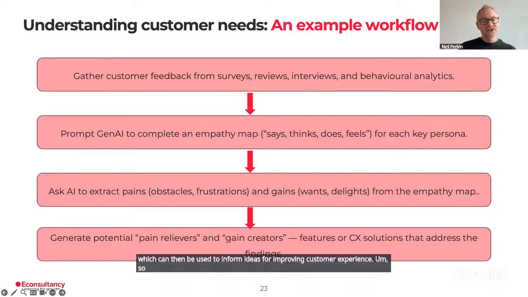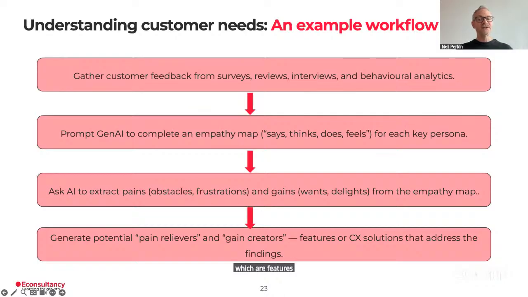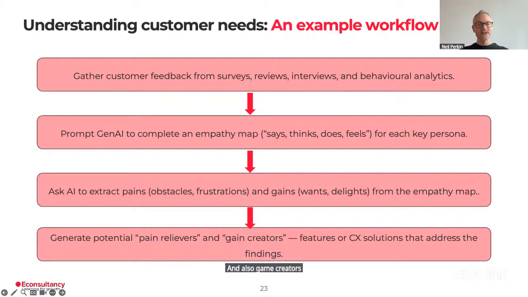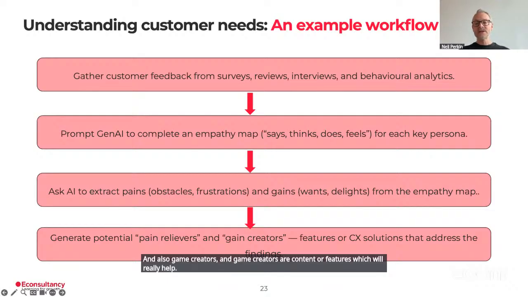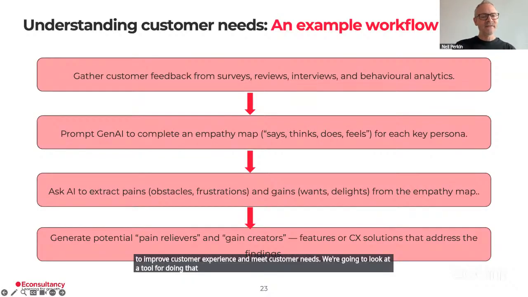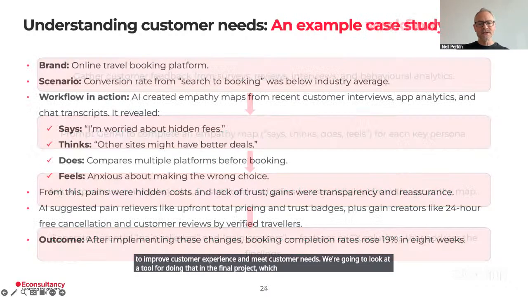So what we might generate here from that would be so-called pain relievers, which are features or changes that we're making that would solve the pain points, and also gain creators. And gain creators are content or features which will really help to improve customer experience and meet customer needs. We're going to look at a tool for doing that in the final project which you're going to undertake.